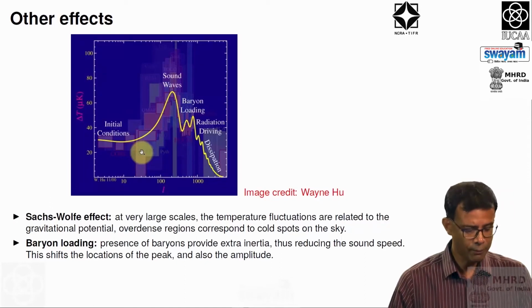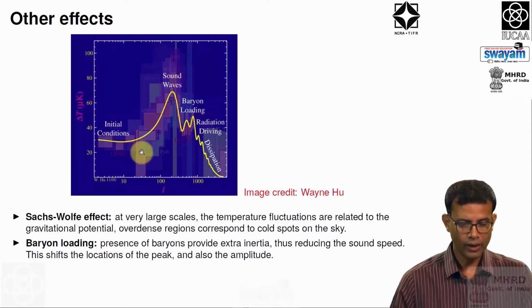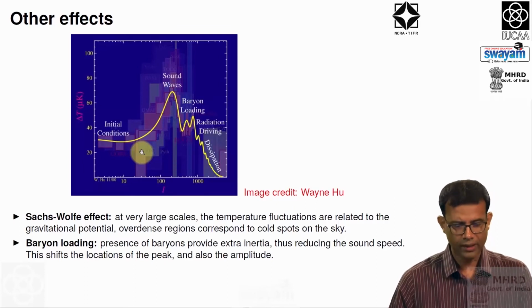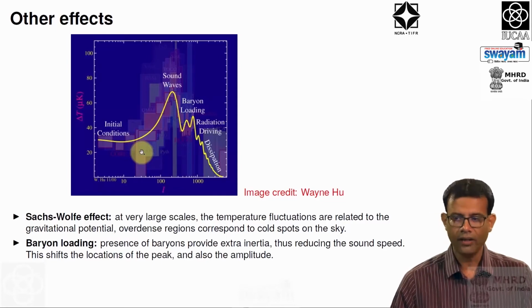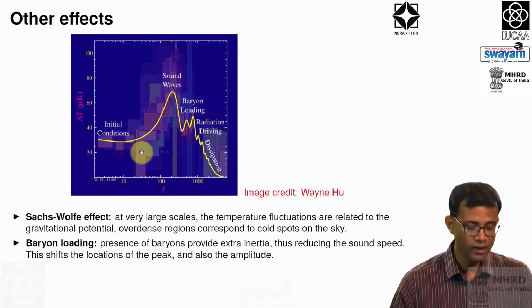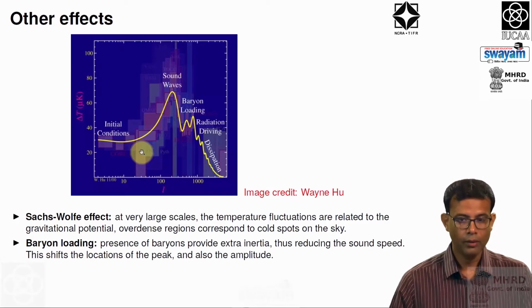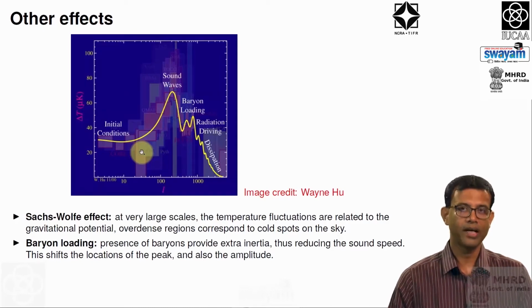Then there is a concept of baryon loading. In the equations which we talked about, we never actually incorporated the matter. In fact, there is a presence of baryons which interact very closely with photons, with radiation, before recombination, before the last scattering surface, because they are constantly getting scattered off via Thomson scattering.